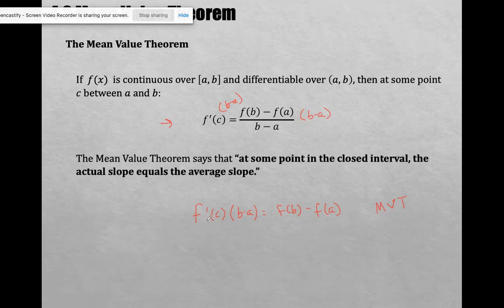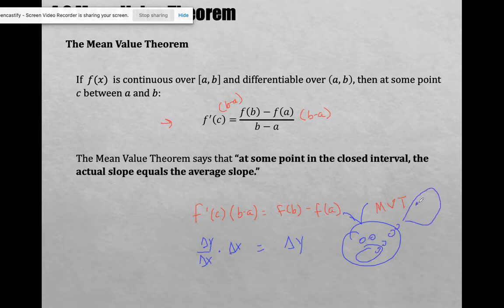The instantaneous rate of change is a slope, and a slope is always the change in Y over the change in X. B minus A is the change in X. What happens when you multiply that? You get the change in Y. Oh my goodness, mind blown. Math is cool.